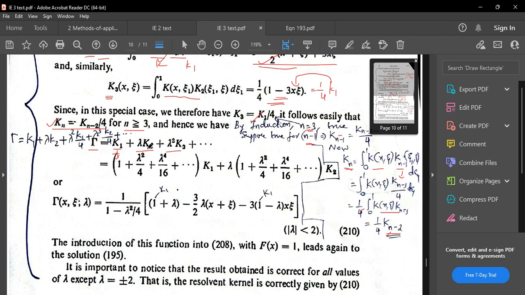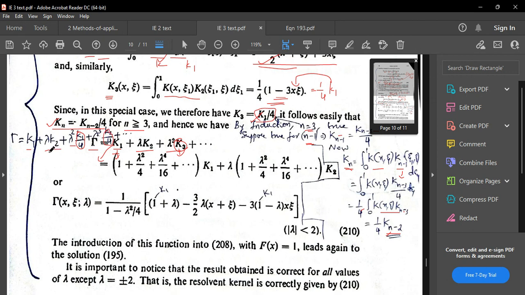By replacing k3 by k1 by 4, what will we get? This expression: k1 plus lambda k2 plus lambda square into k1 by 4, and lambda cube into k4. This k4 is k2 by 2, so here it is k2 by 4. Not 2, k2 by 4.